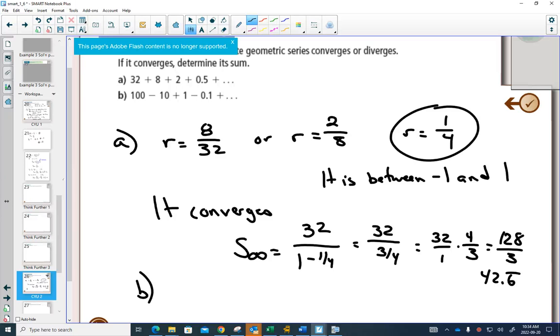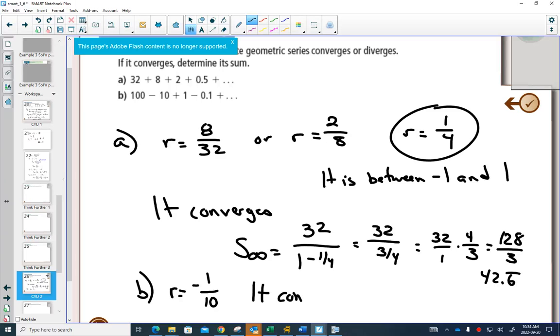We are dividing by 10 each time, and it's changing from positive to negative. Do you see that? So our R value is -1/10. Is it between -1 and 1? Yes.